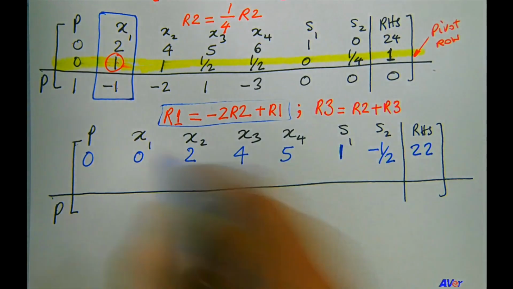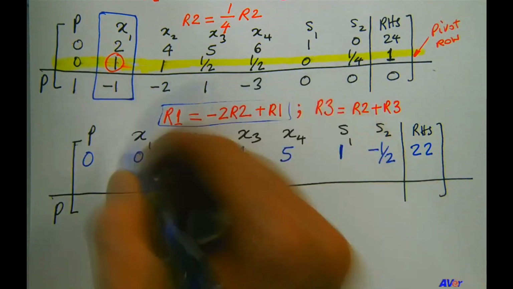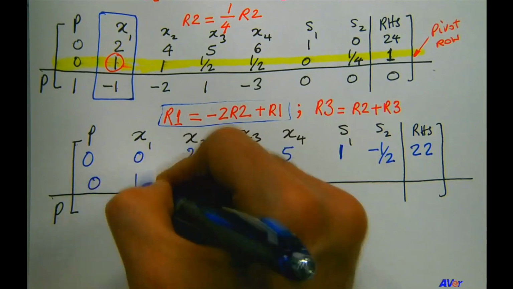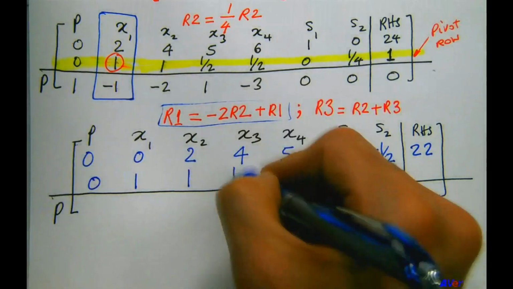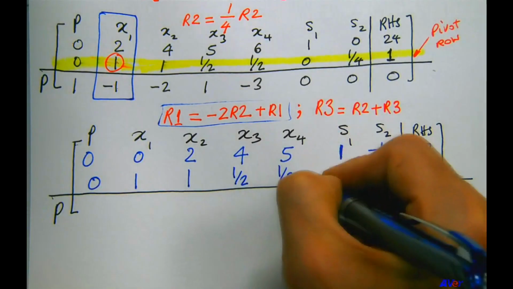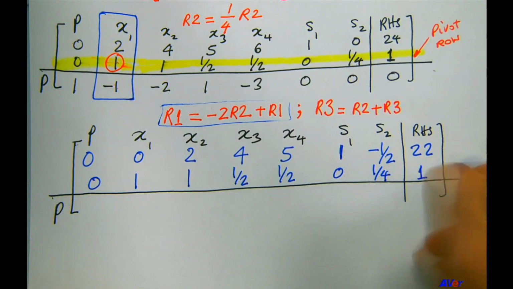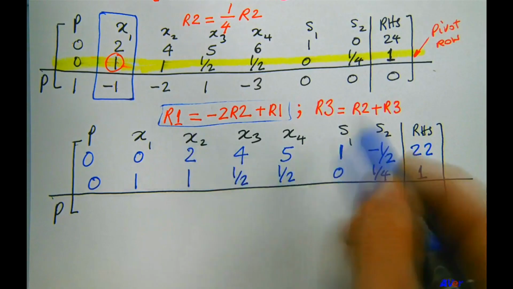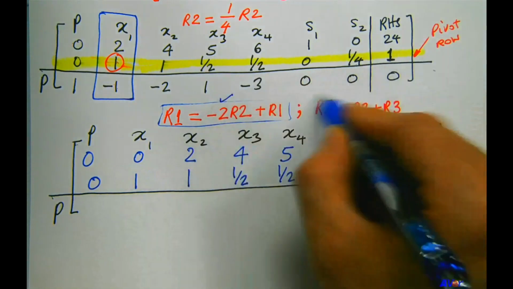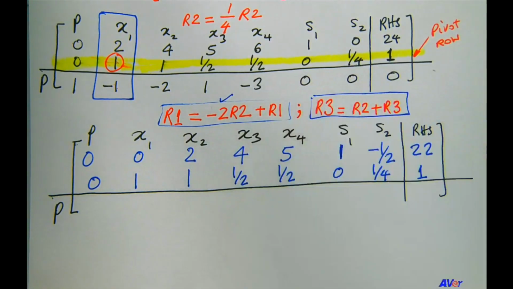Okay, so we're done with the first row. The second row is the pivot row, so let's write it down as it is. Like that. So we're done with this row operation. Now we move over to this row operation.